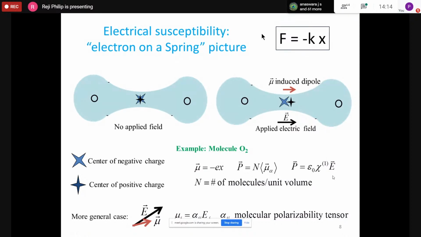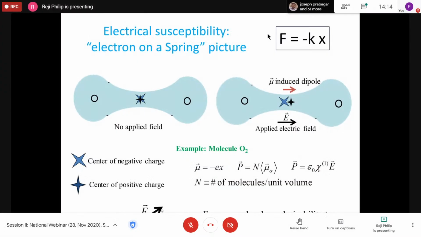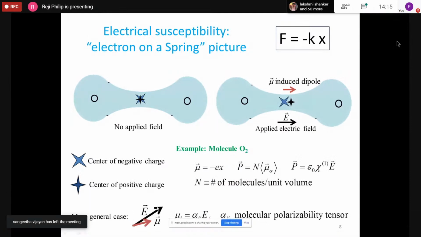Now this is a simplified case, because when you apply a field in this direction, you also have the induced dipole in the same direction. But in general, this is not always true. In many materials, it can so happen that a field that you apply in one direction will give you a dipole moment in a slightly different direction. So this is not impossible.